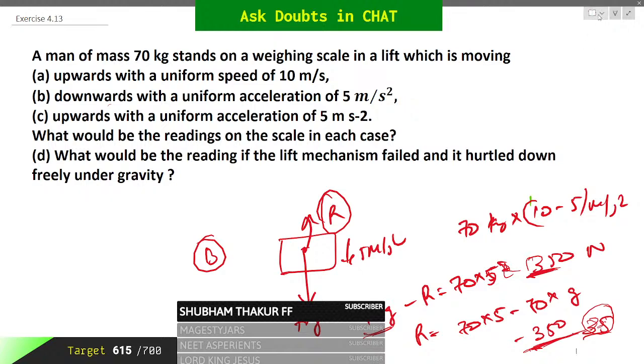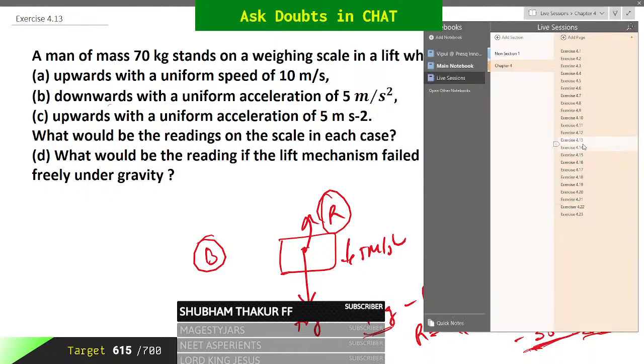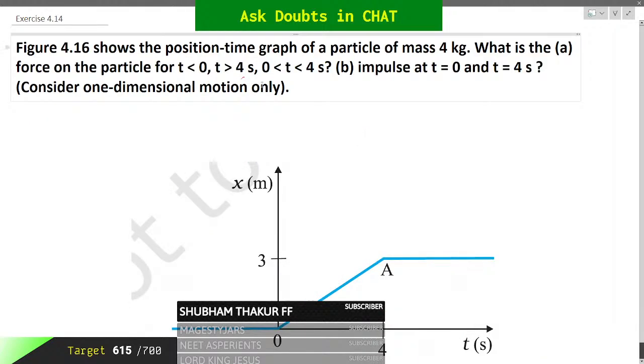So let us go to question number 4.14. In this question, figure 4.16 shows the position time graph of a particle of mass 4 kg. What is the force on the particle for t less than 0, t greater than 4 seconds, and t between 0 and 4 seconds? Here we see the position time plot of a body.